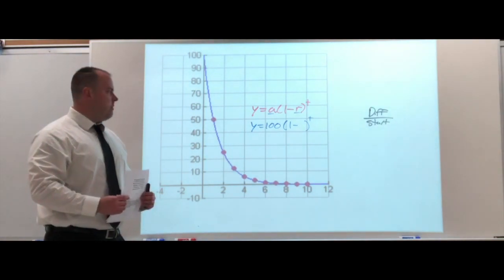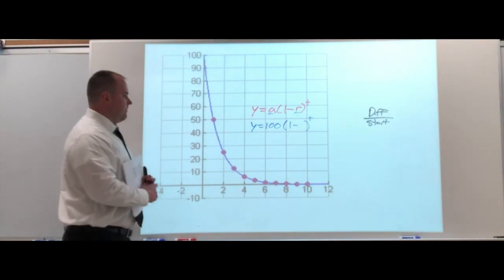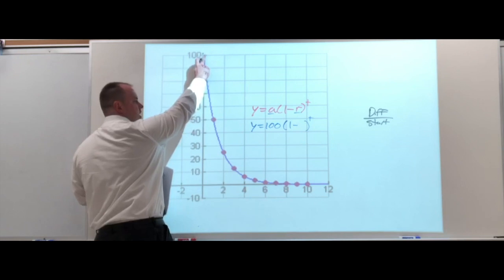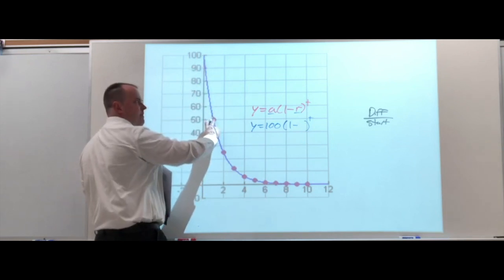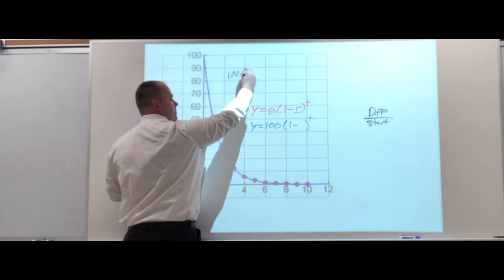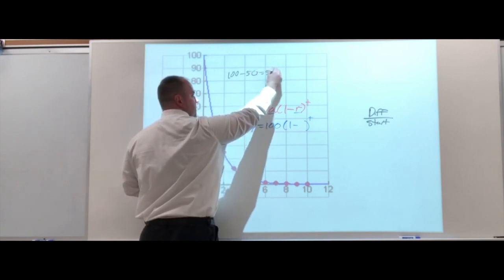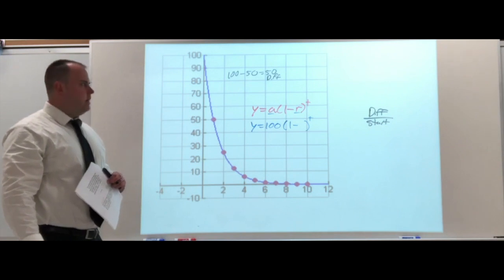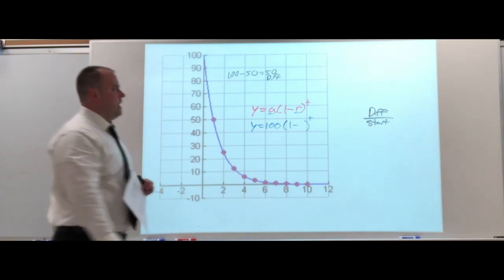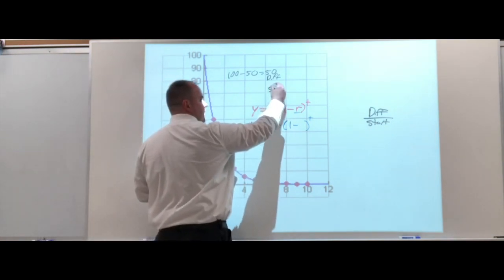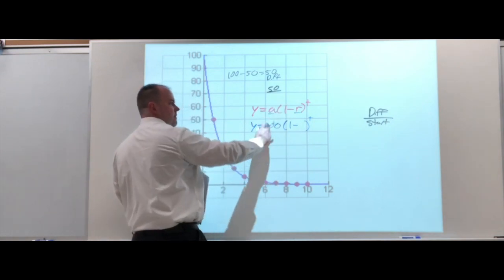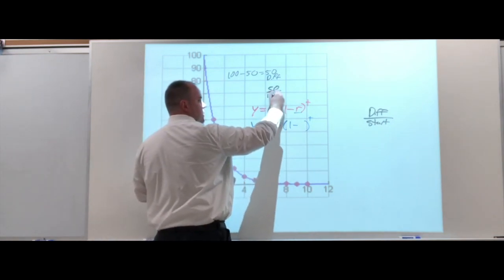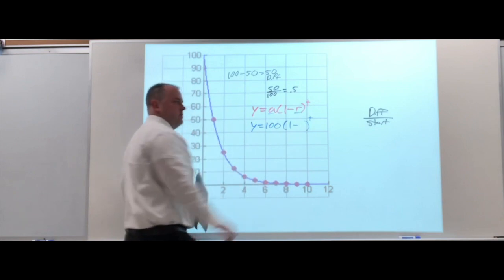If we look at the first 2 points, it starts at 100 and drops down to 50. So 100 minus 50 equals 50. That is our difference. Then our difference divided by our starting amount, 100, gives us 0.5.